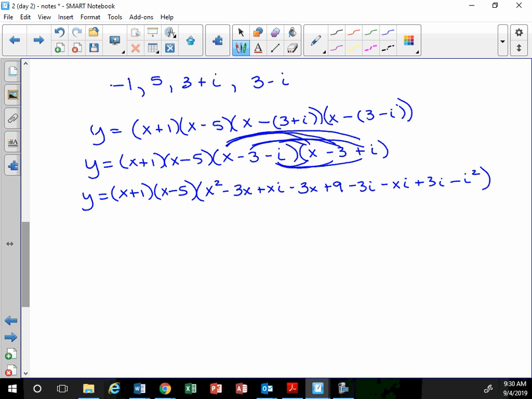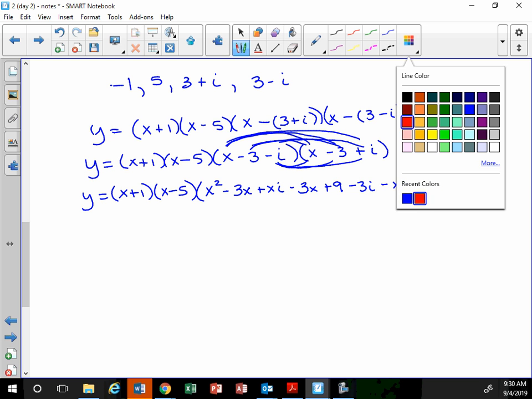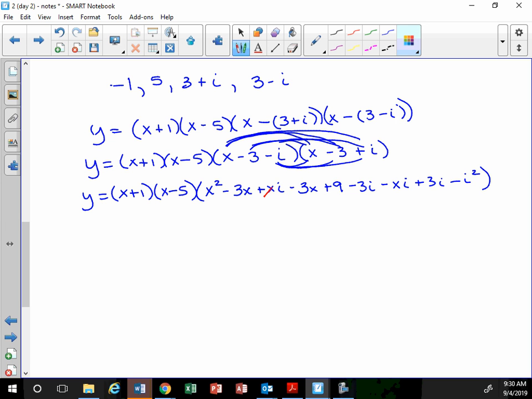Does everybody feel okay with multiplying that out in some method? I don't care which method you use, but are we okay multiplying? Okay. All right, what is going to go away here? The xi's are gone. What else? 3i's, yeah. And what does minus I squared actually become? Plus 1, right? Okay.